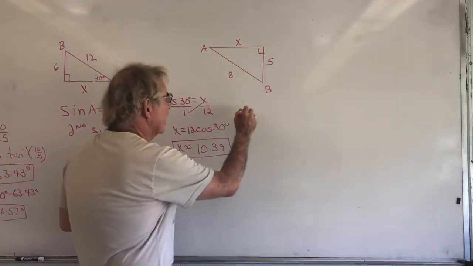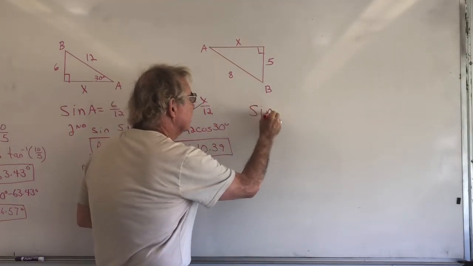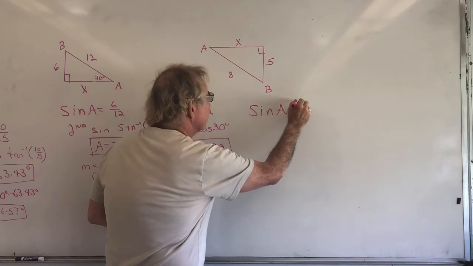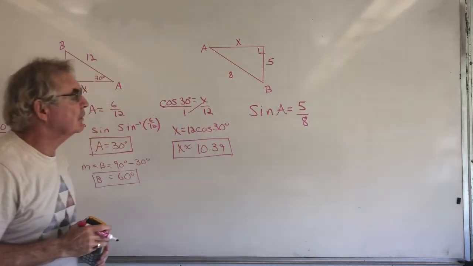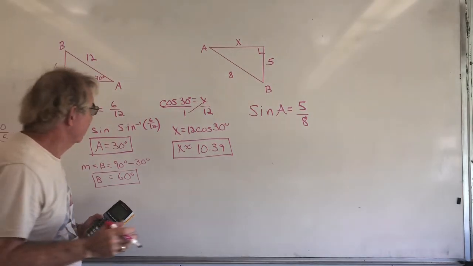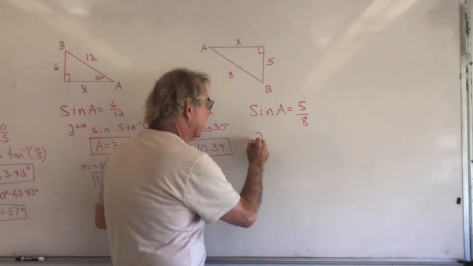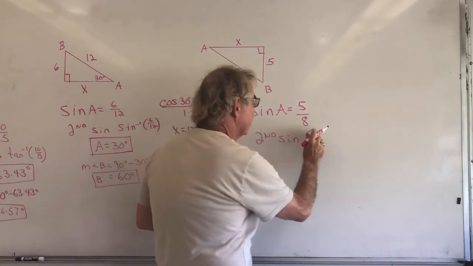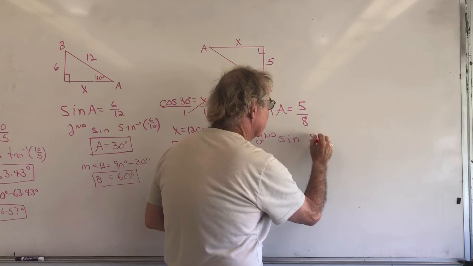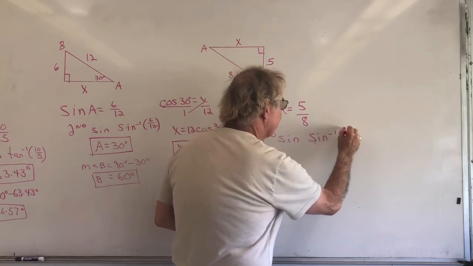So that's the sine is opposite over the hypotenuse. Now we're looking for an angle. So we would hit the second sine, and that'll open up the inverse sine of 5 over 8.